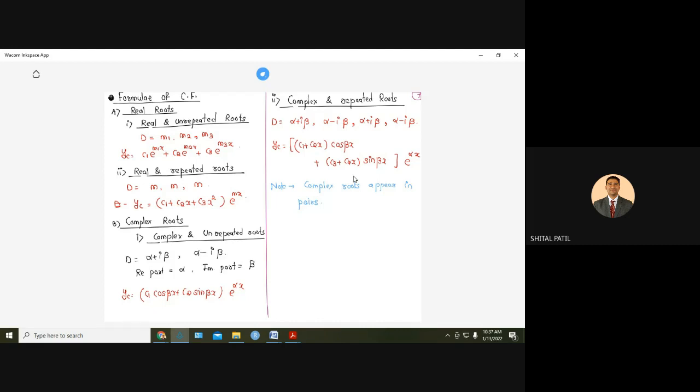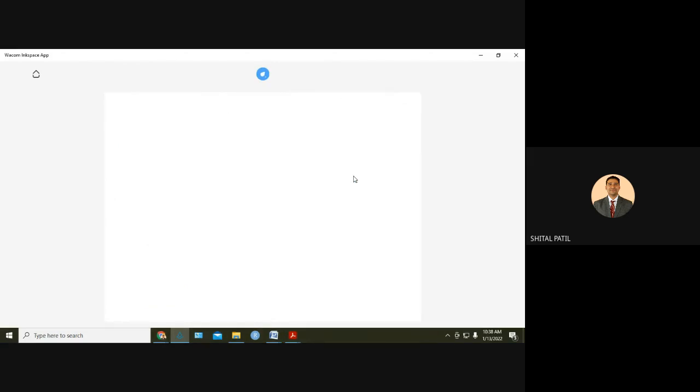Clear now? Can we start with the examples? Okay, so write on the next page. Page number 8. This is a very important part. You have to remember the formulas. Tomorrow, in the next lecture, I'll ask you the formulas. So by the next lecture you remember the formulas.